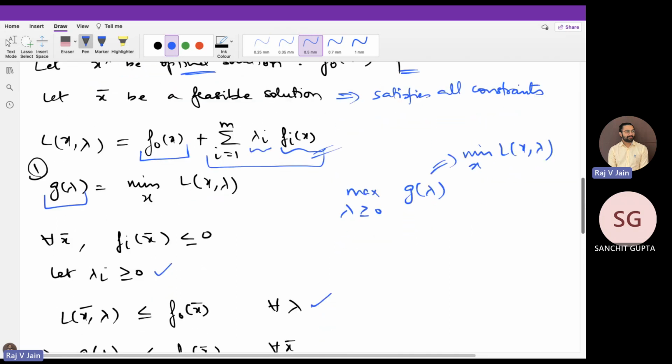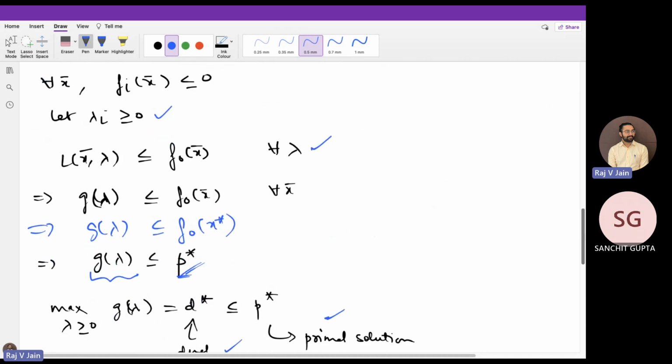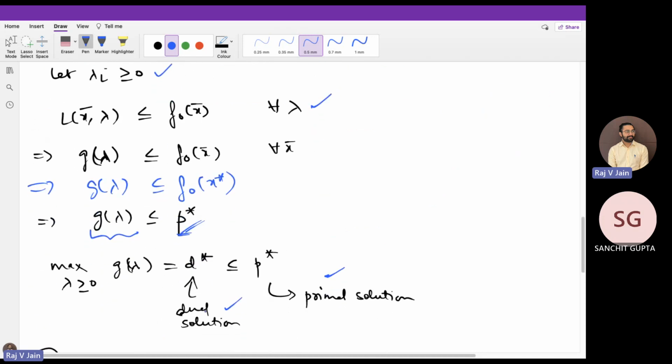Very similar ideas will flow through. Let's say the lambda at which this dual solution is obtained is lambda star. We'll call g of lambda star as d star. So this d star is a lower bound on p star.